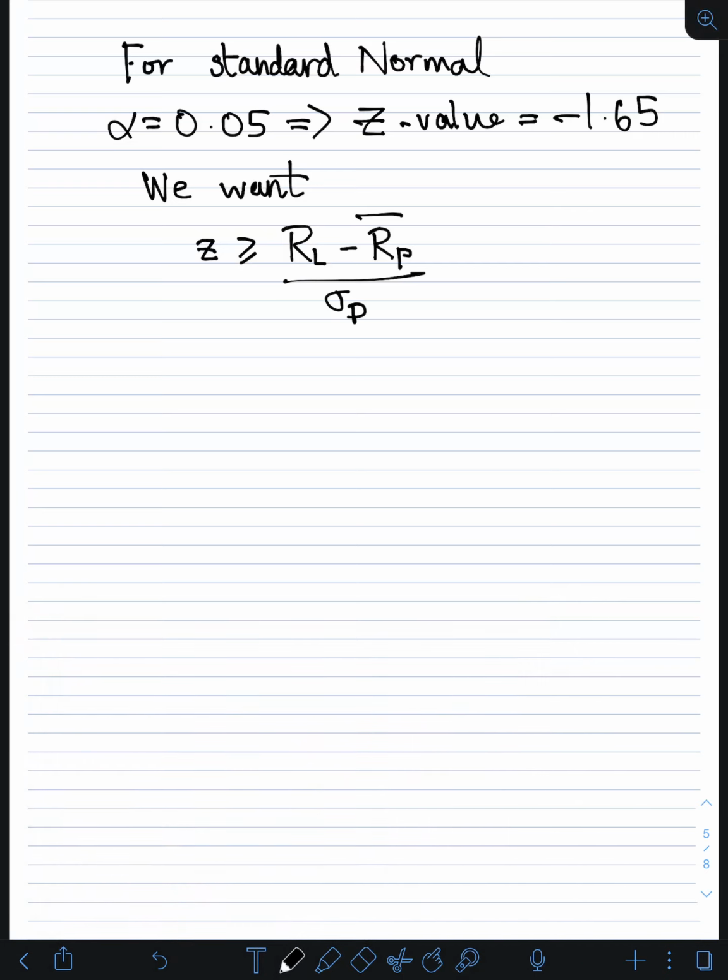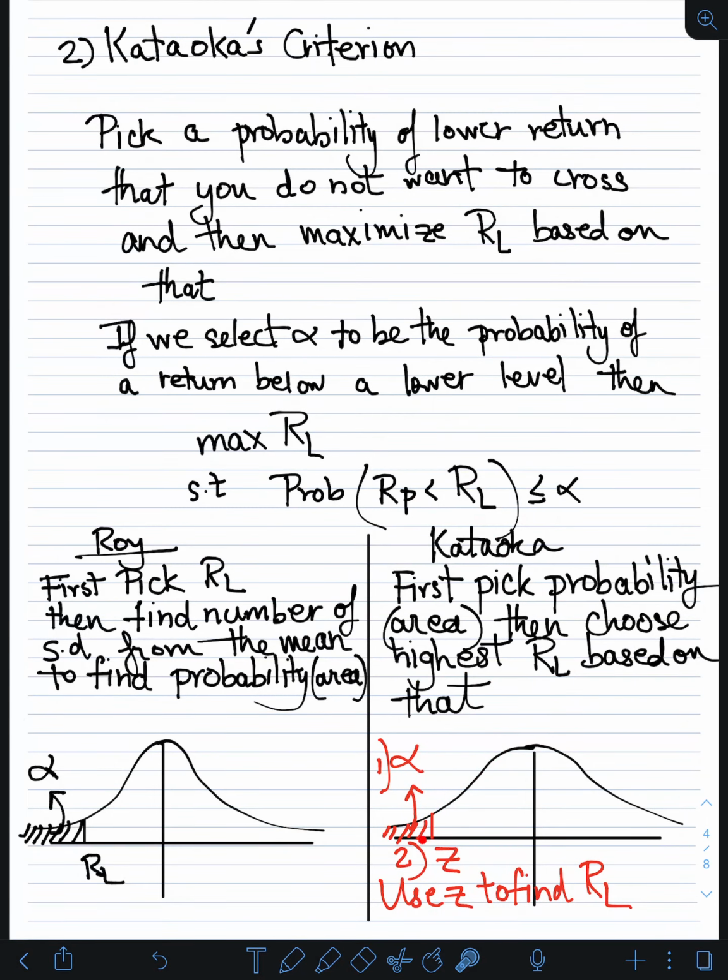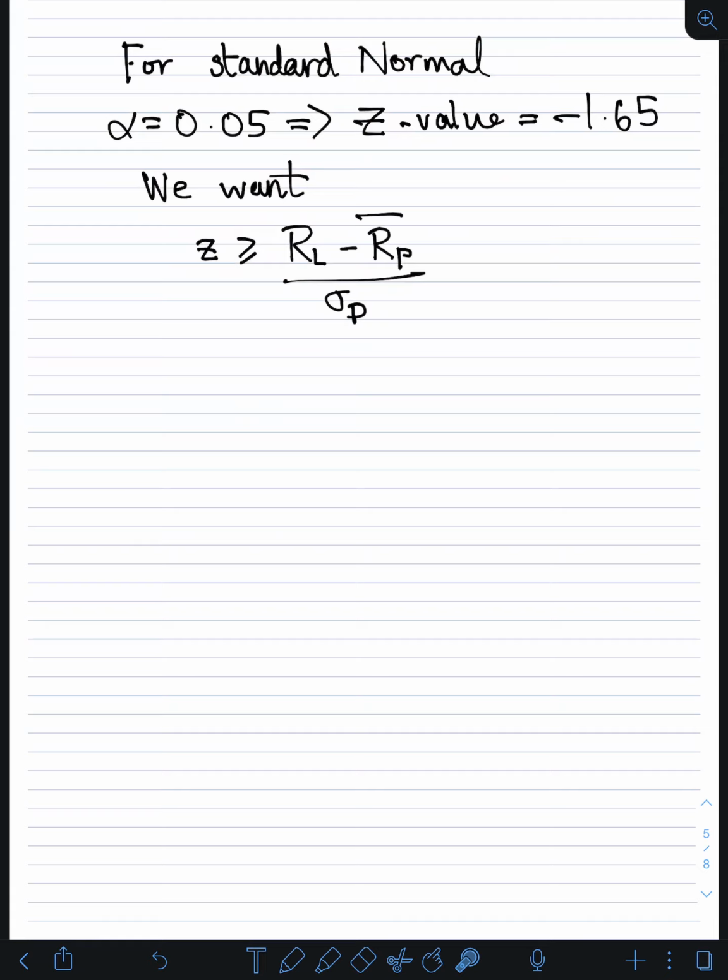For the standard normal, when alpha is 0.05, the z value associated with it, this point here that we call z, that we use in Roy's as well to determine how many standard deviations away from the mean we are, that value is minus 1.65.